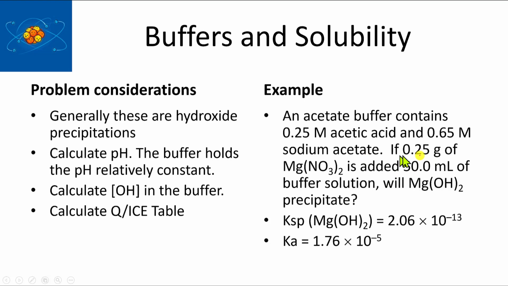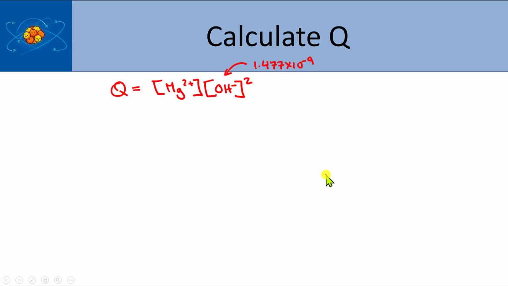We're adding 0.25 grams to 50 milliliters. And so what we're going to need to do is figure out how many moles of magnesium nitrate we just added. So to get this, I'm going to have to convert 0.25 grams of Mg(NO3)2 into moles. And then I need to get it into molarity units, and I'll use the volume for that.